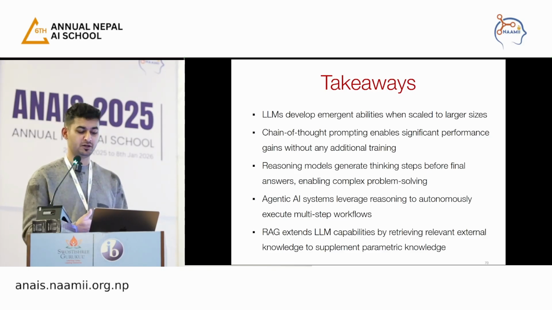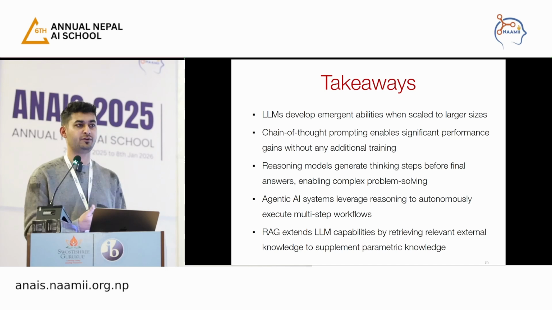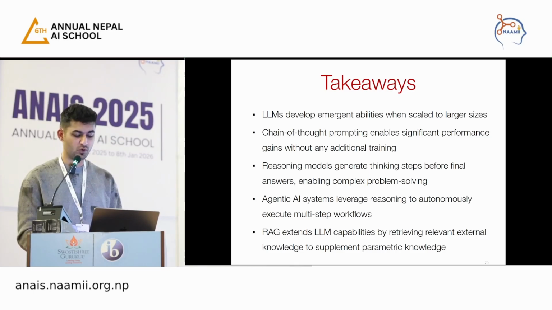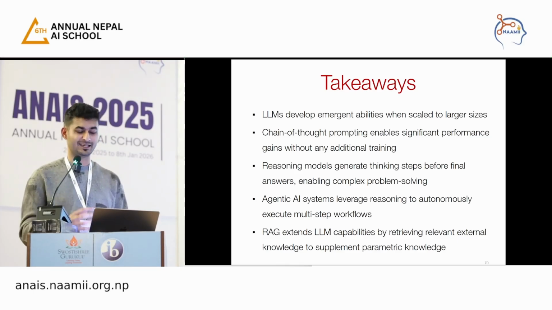This leads to the development of reasoning models that are significantly better for complex problem solving, which has led to a new kind of framework called agentic AI systems, which can be used to autonomously execute multi-step workflows. And RAG is part of that, which extends LLMs' capabilities by retrieving external knowledge that can be augmented before generation.